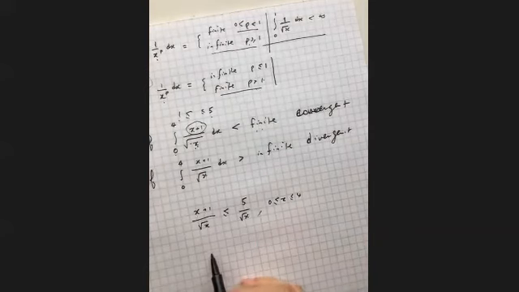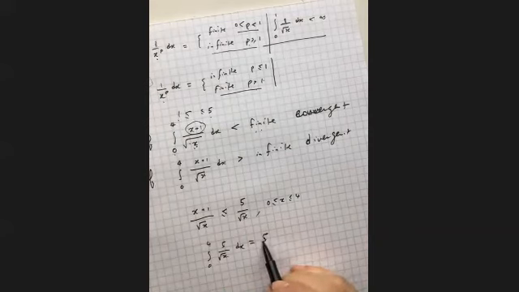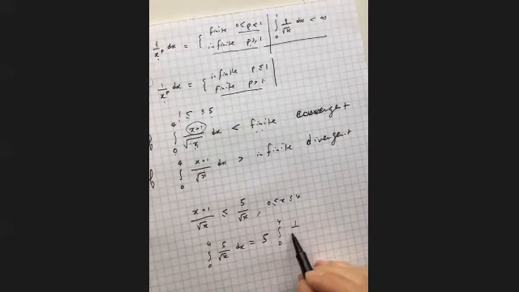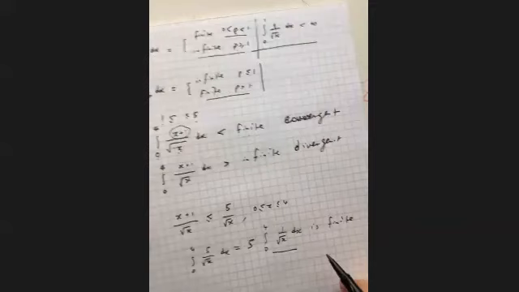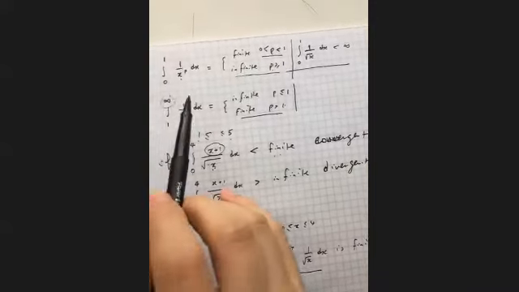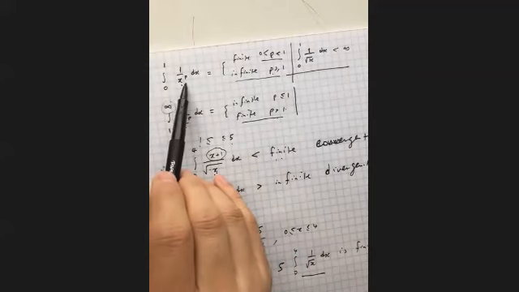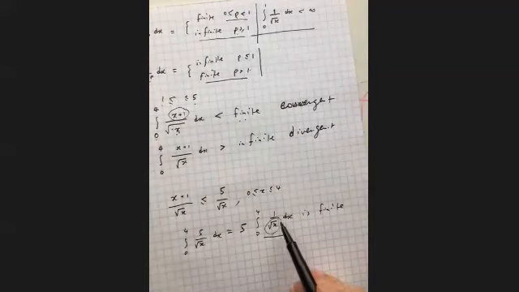But we know that the integral from 0 to 4 of 5 over root x dx, which is 5 times the integral from 0 to 4 of 1 over root x dx, is converging, it is finite. Okay. The reason why this is finite is because of the p-test I just mentioned. Because in this case, when p is smaller than 1, it is converging. So in this case, p is really just 1/2.